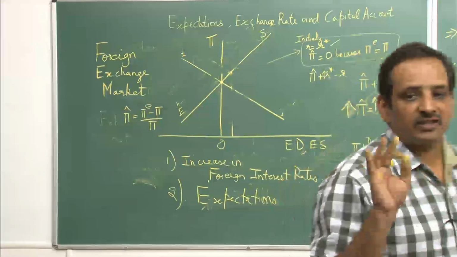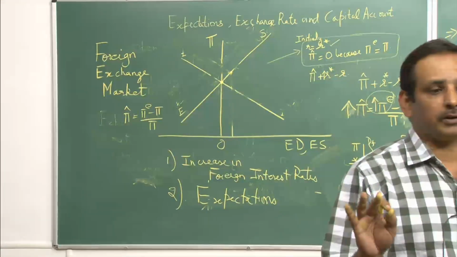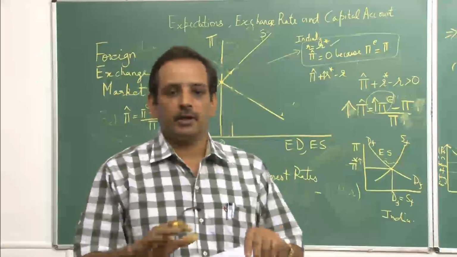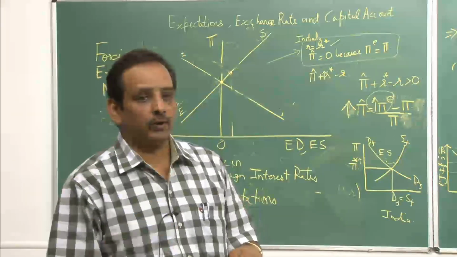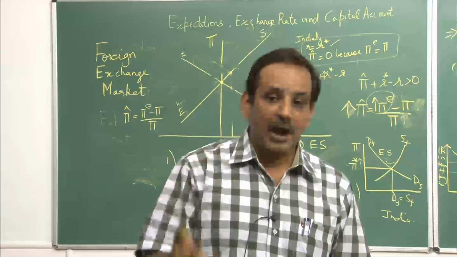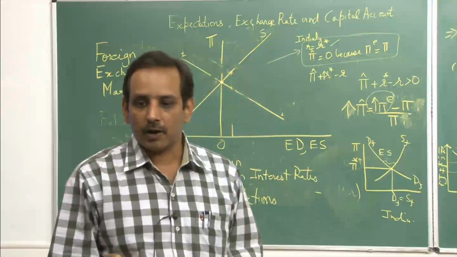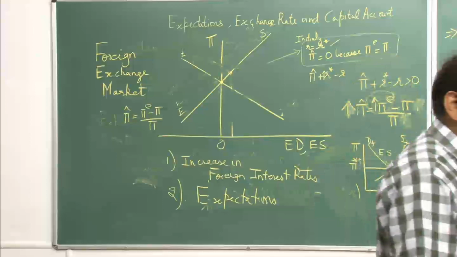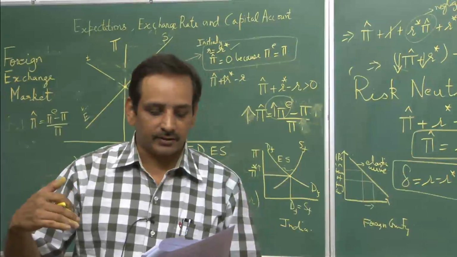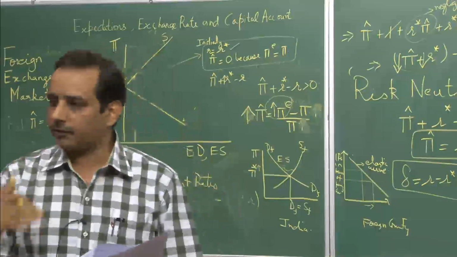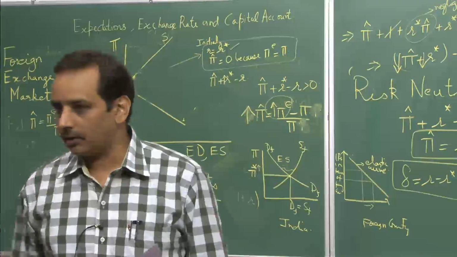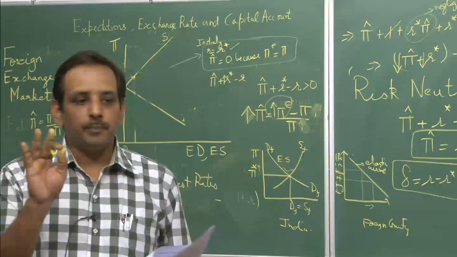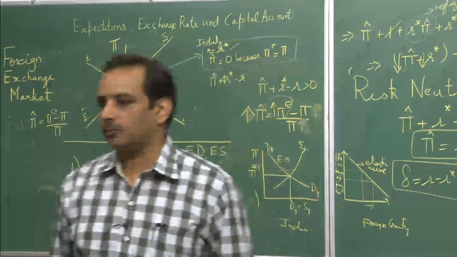Now, expectations can bring stability in the foreign exchange market. This is a strong statement I am making. Generally you say speculators have expectations and it is bad for the foreign exchange market, but let me bring in this point: if in reality the ES curve indeed shifts to E star S star after a year's time, then it brings stability in the foreign exchange markets.